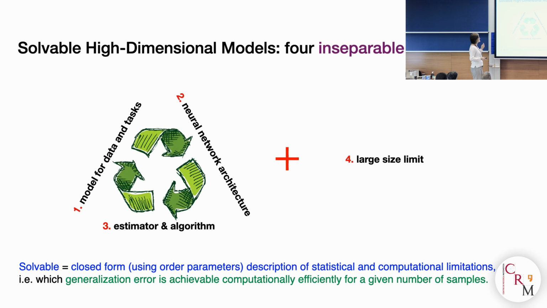The second thing is the neural network architecture. What happened in the past 20 years was largely about realizing that certain architectures are good and certain less good. So we want to keep that into account. The third point is the algorithm. One needs to explicitly consider the training. Again, as Johan stressed yesterday, the core mystery in all this is, why is the learning computationally efficient?